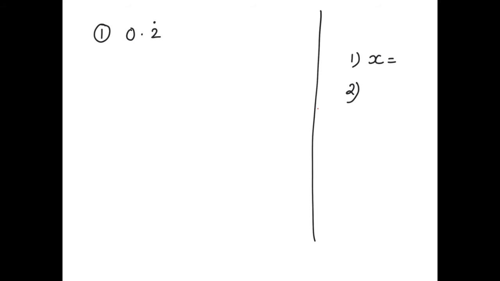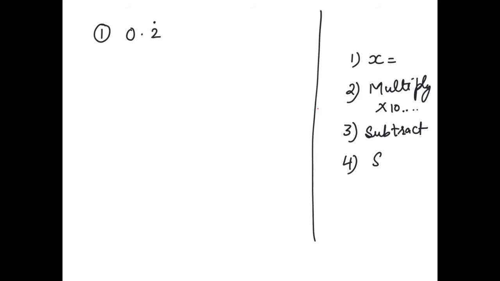Second, multiply it with a multiple of 10, like 10 or 100 or 1000, etc. Third is subtract. And the last is called simplify.